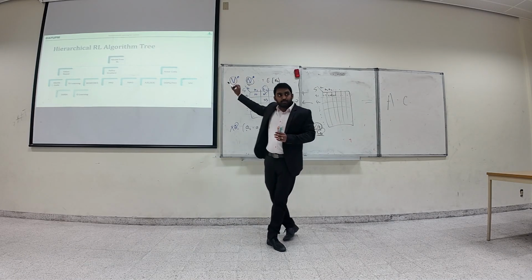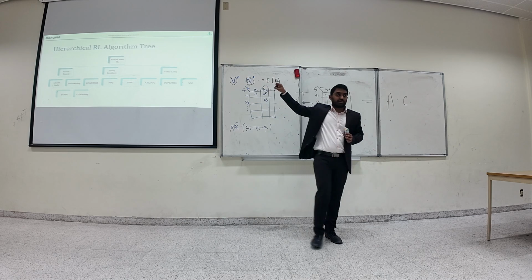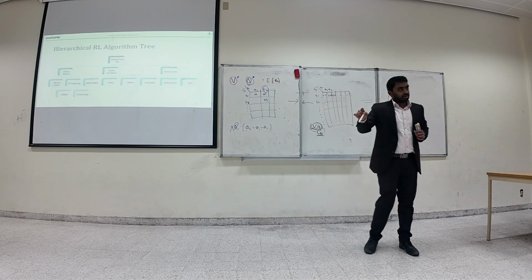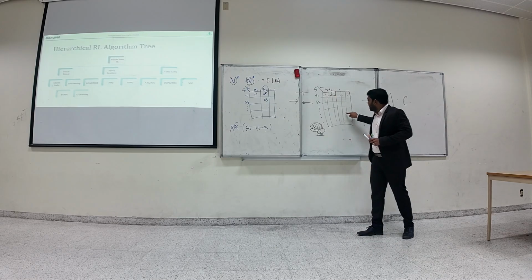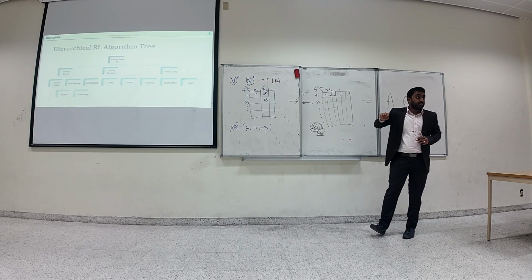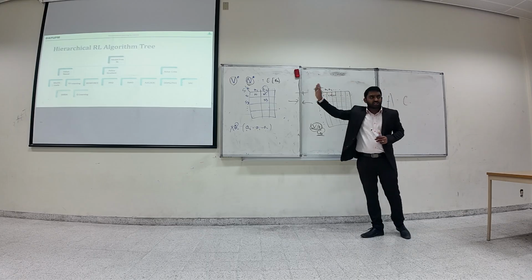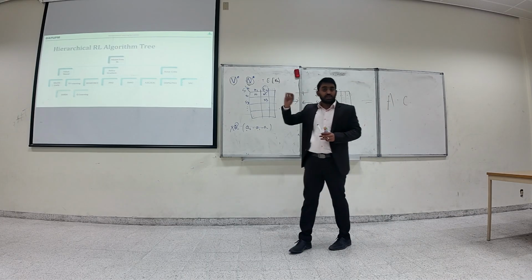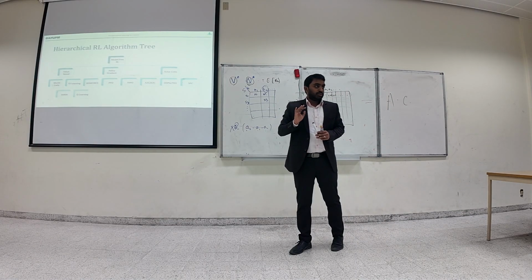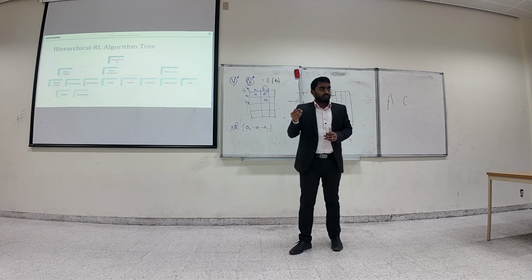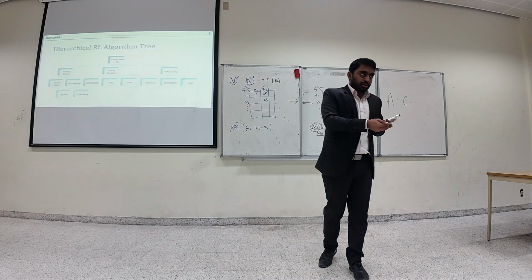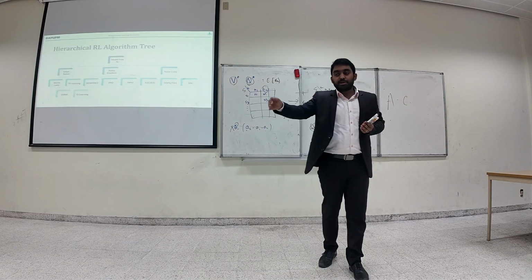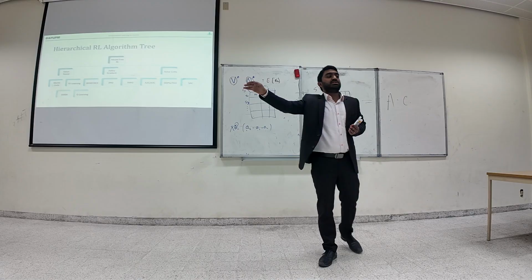The actor part of the actor critique method relies on an estimate for changing these probabilities of the actions. Whereas the critique part, just like a normal value-based method, will estimate the value function. And these two work together to improve the final policy that we are getting.